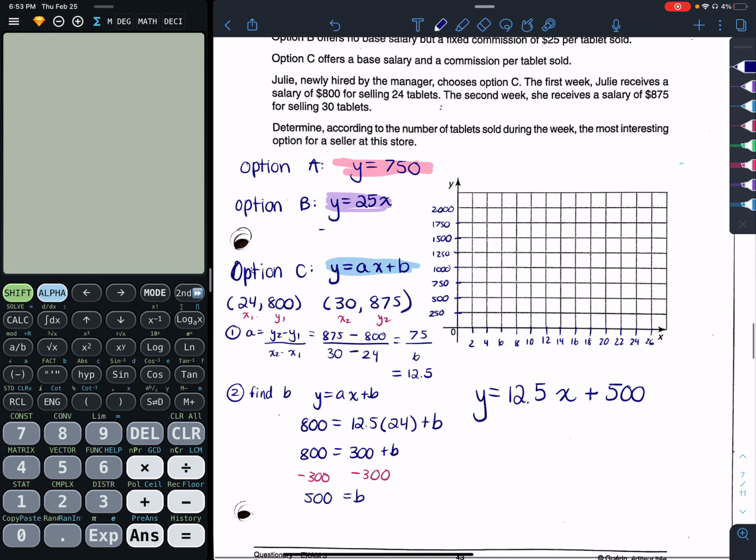And now we need to put in each of these lines in the graph. So we should put in this is dollars, this is number of tablets, and the title is employee salary.